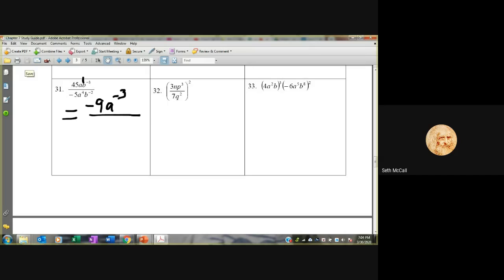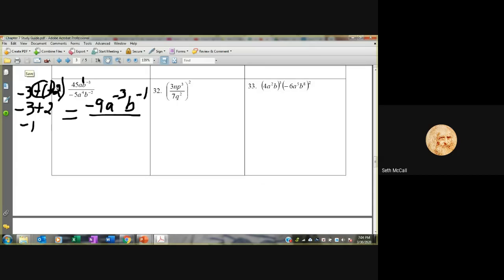That one might be a little bit harder to understand, so I'm going to do it off to the left here: negative 3 minus negative 2. You can see the minus negatives become plus, so we have negative 3 plus 2, which is negative 1. So we have b to the negative 1.